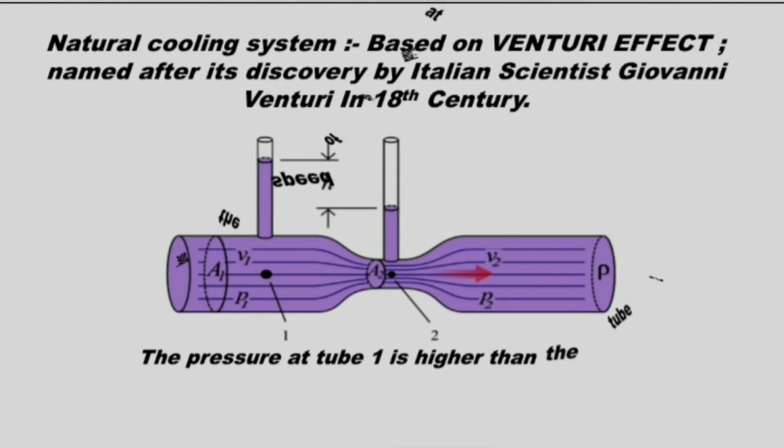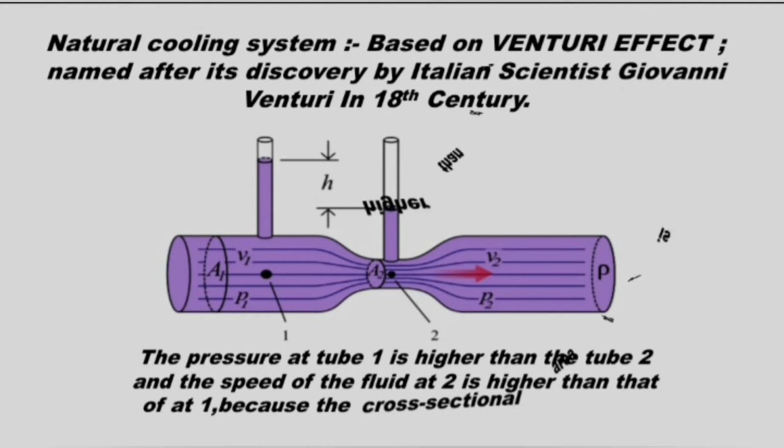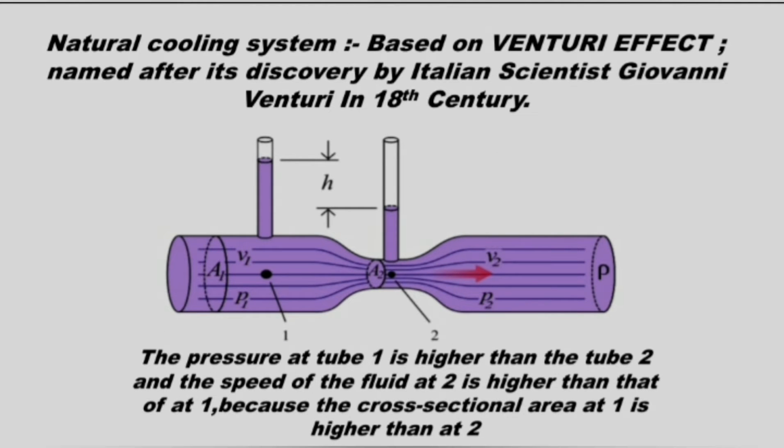Here the pressure at tube 1 is higher than at tube 2. Again, here the pressure is higher, and at this point the pressure is lower. The speed of the fluid at this point is lower, and the speed of the fluid at this point is higher.